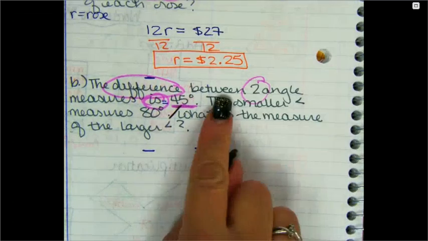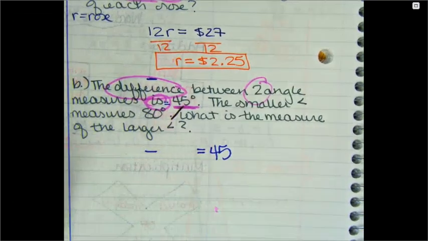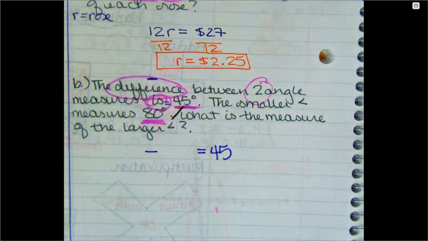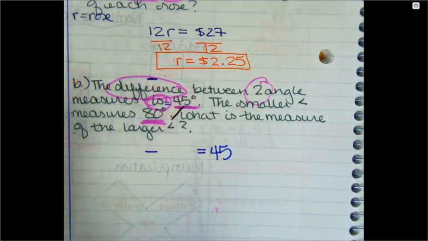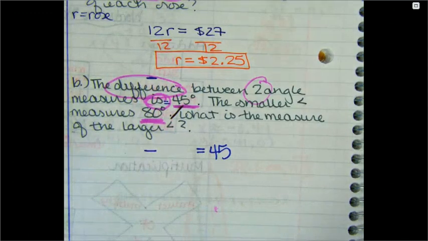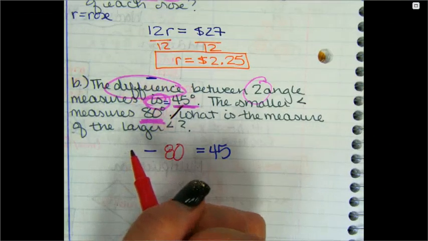So far, so good. Now it says the smaller angle measure is 80 degrees. What do you need there? 80 degrees. Now, do we subtract big from small or small from big? Small from big. So is 80 going to go first or second? Second. It is going to go second. So 80 goes here. So if I don't know what this is, what do you want to give it?